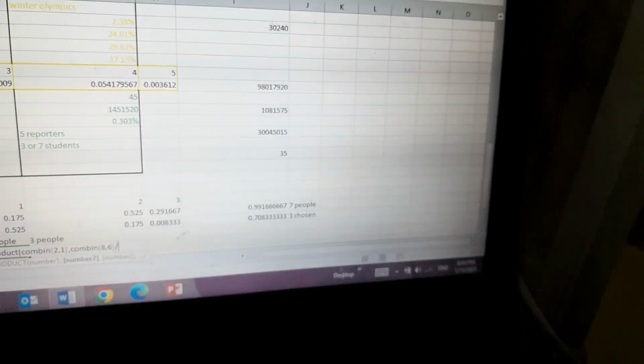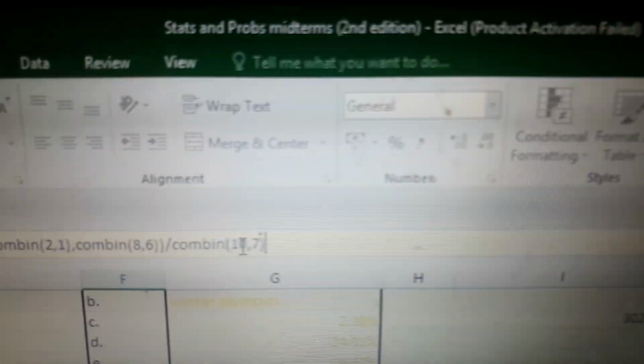And then divide by 10C7. Check: 2 plus 8 is 10, 1 plus 6 is 7. So this should be your answer.